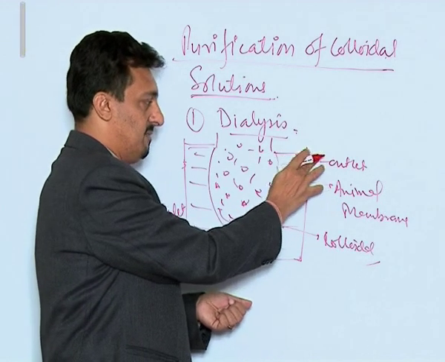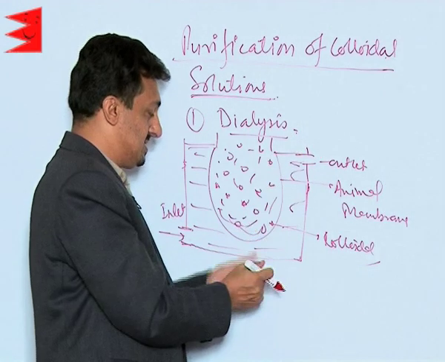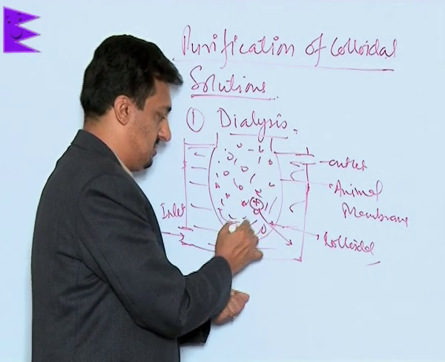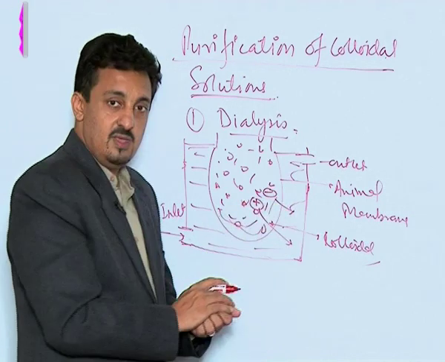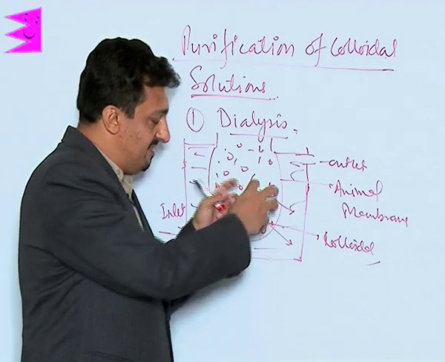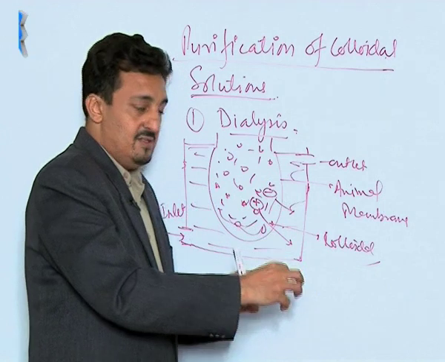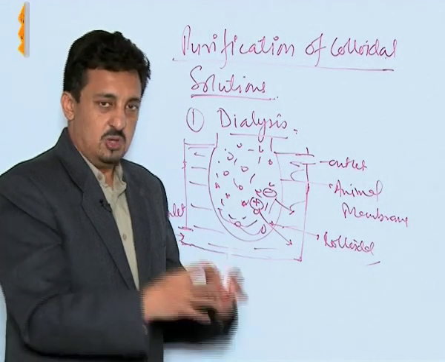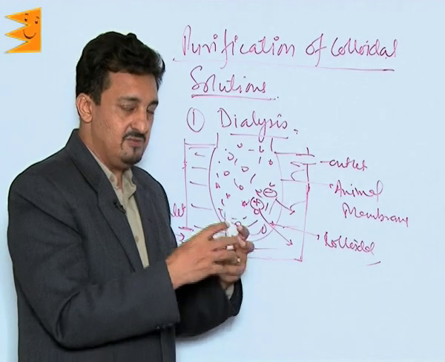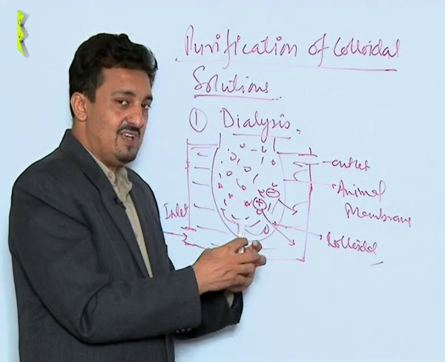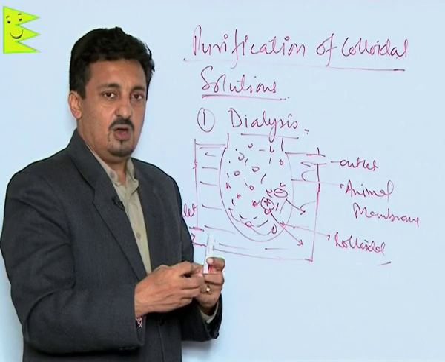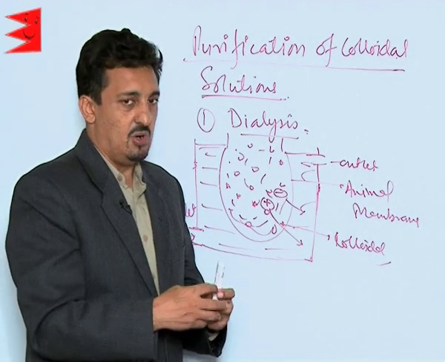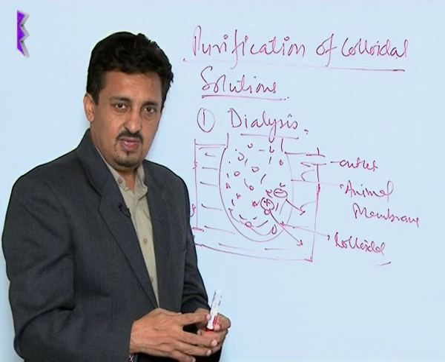So it's running water, and that is why these ions diffuse out like this one and this one, and since these ions diffuse out, this leads to purification of the colloidal. So the purification method in which the impurities are diffused out of the colloidal by the diffusion method is called dialysis.